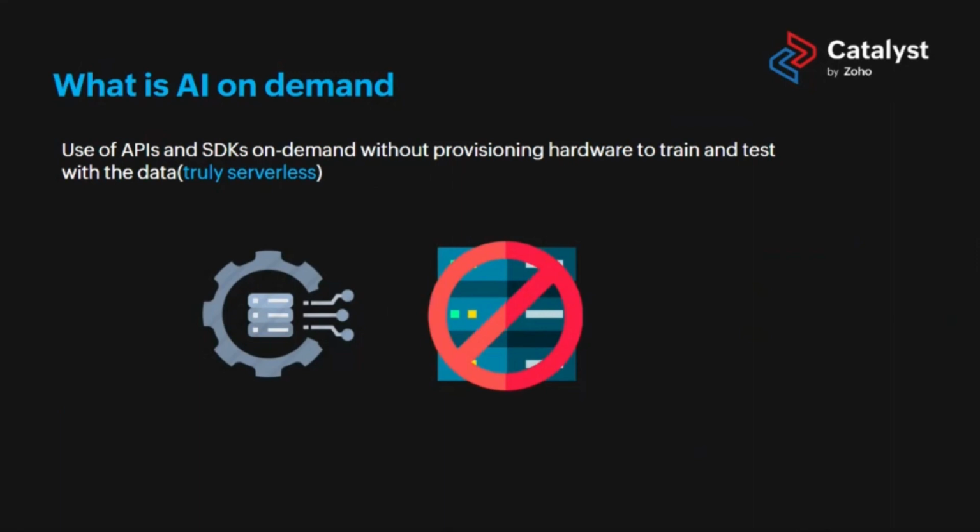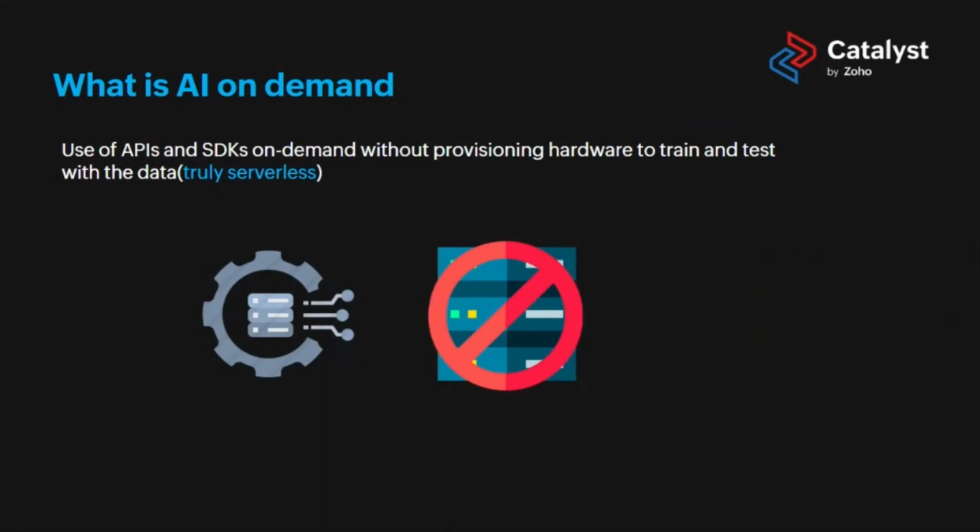So as you can see to the left, we have what AI on demand means, or AI as a service. I'll be using both terms interchangeably, but the idea is that as long as you have a pre-trained service that can help you leverage the power of AI using simple REST API endpoints or SDKs, then you have an AI as a service.